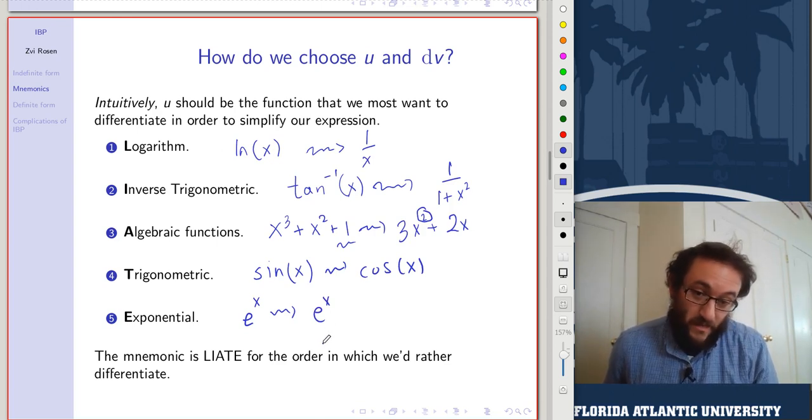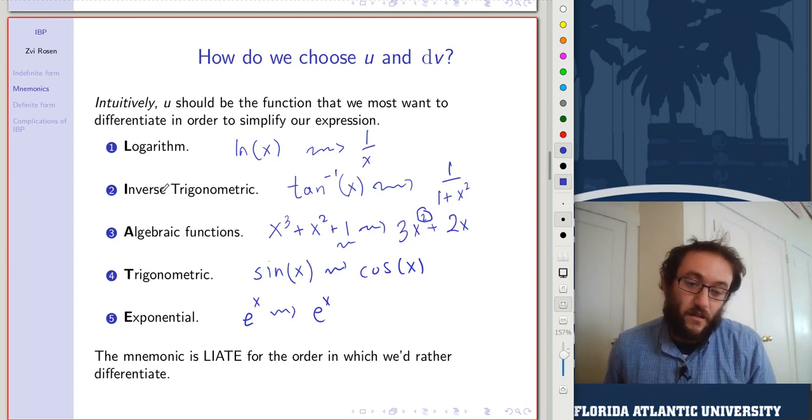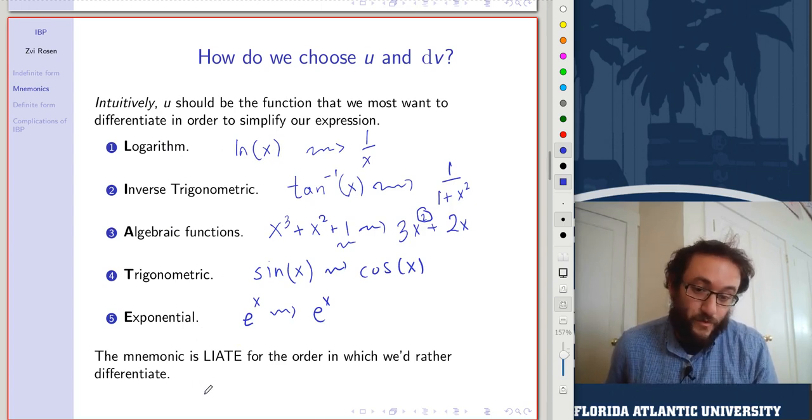It doesn't change anything. So for that reason, we'll always want to start at the top when we're picking the thing we want to differentiate. Look for the logarithm first. That's what I want to differentiate. If there's no logarithm, I'll probably want to differentiate an inverse trig function, etc., going down the list. And the mnemonic is LIATE, and that's for the order in which we'd rather differentiate.